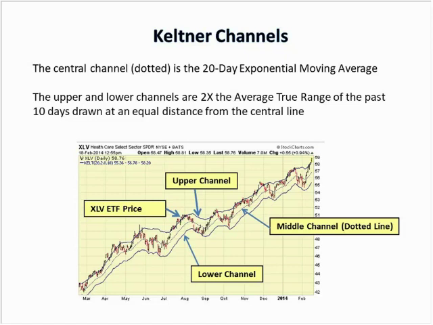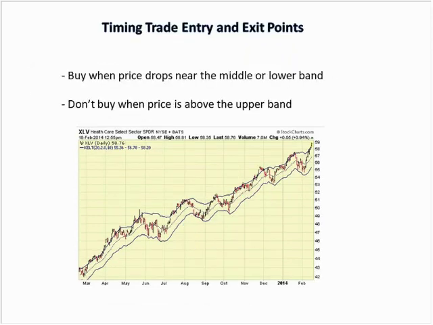So a very simple way to time your entries and exits. Again, we don't want to buy when the ETF is trading near this upper channel. We simply wait for it to trade near the middle or lower channel before we enter our trade.